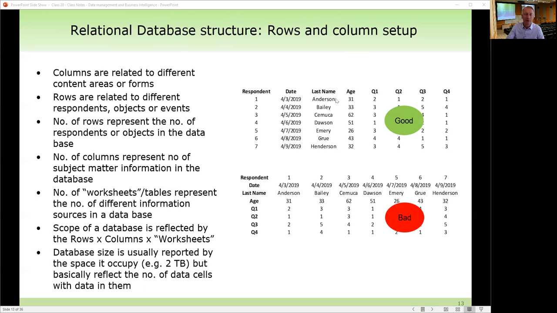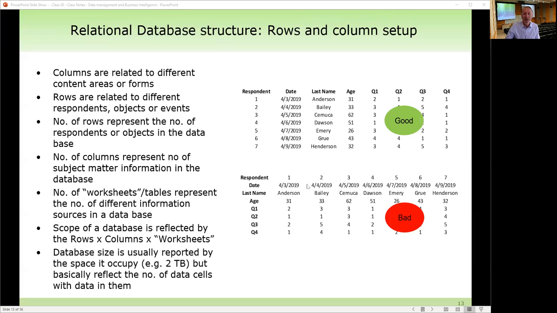You can see on the illustrations on the right side that in the top, we have a table that has one label in the first row. So you can see respondent, date, name, age, Q1, 2, 3, 4, whereas the one at the bottom actually has titles spread around 3 different rows, so respondent and date and last name.